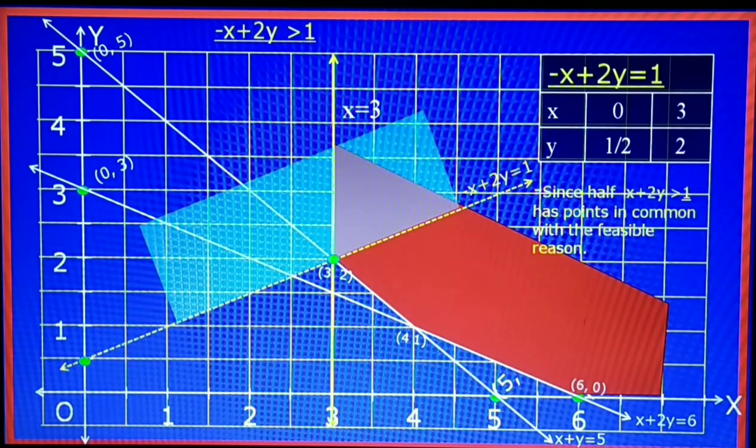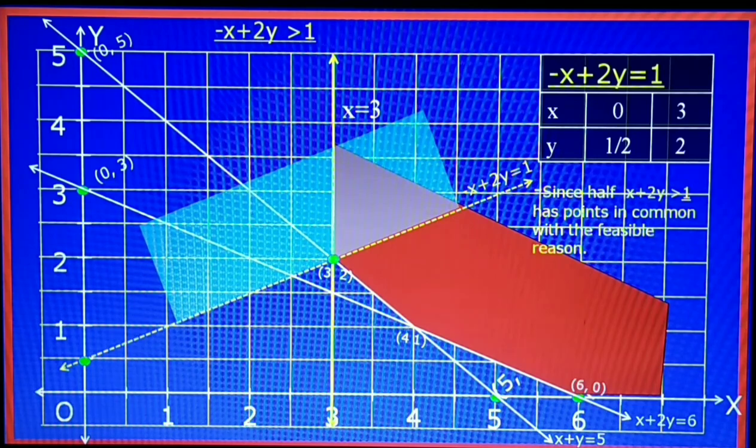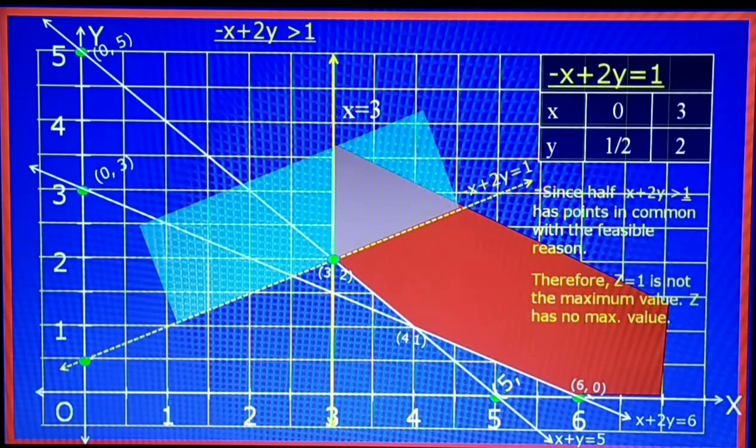To have a maximum or minimum value, we should not have common points of the feasible region and that half plane. But here we can easily find there are points which are common for both the regions. Therefore, z is equal to 1 is not the maximum value. z has no maximum value.